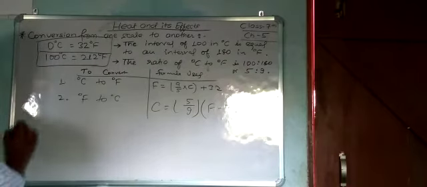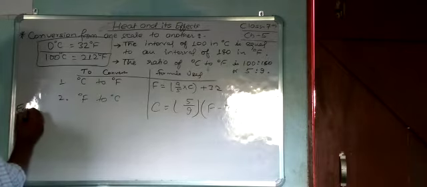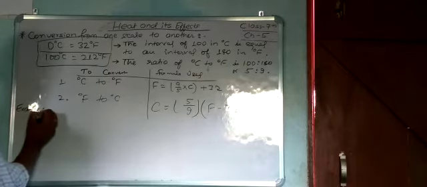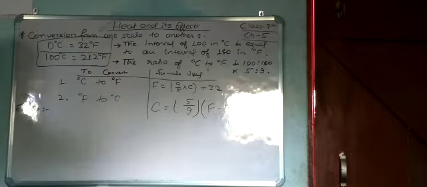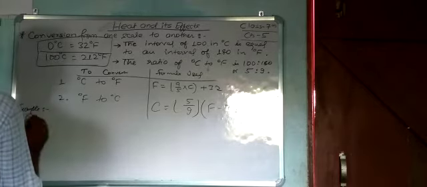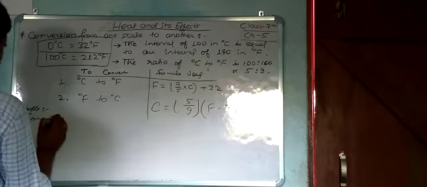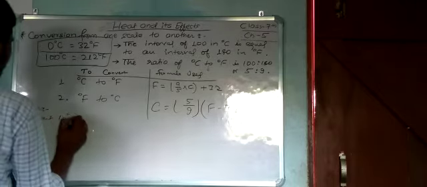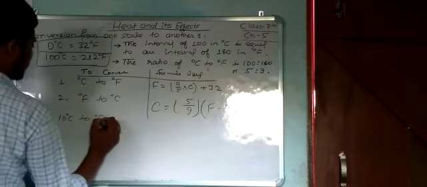Okay, let us see examples to understand more how we convert. First example: convert 10 degree Celsius to Fahrenheit.